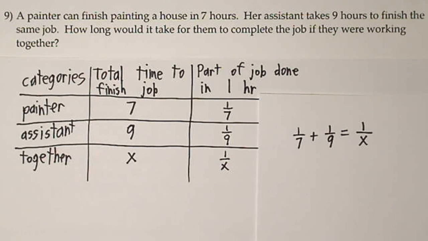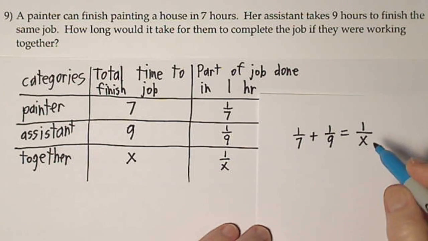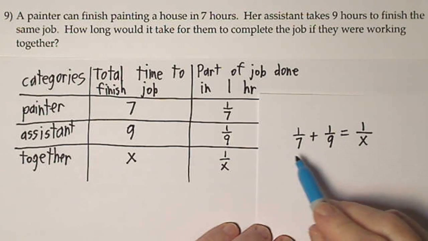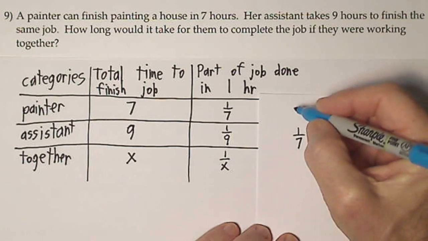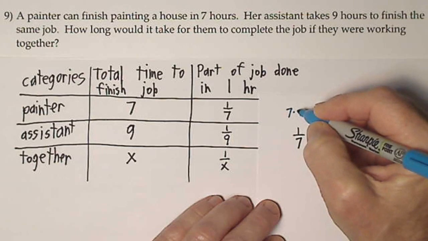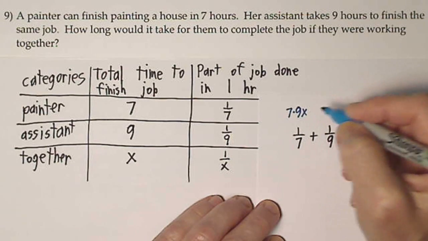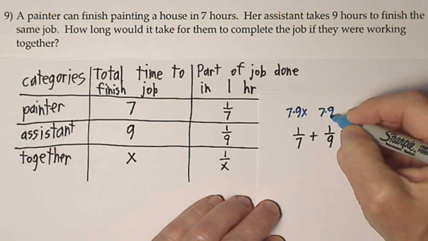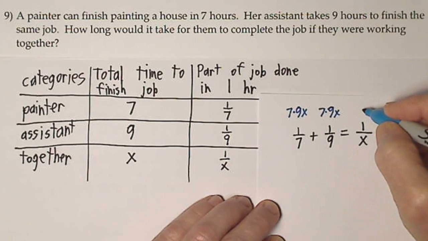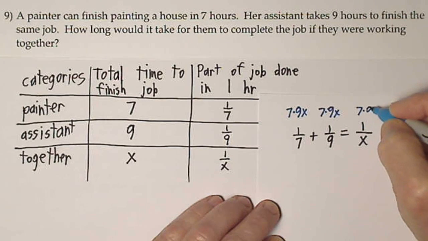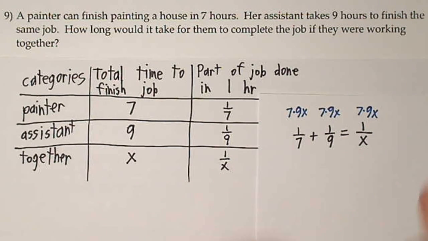Okay, and the way we've been clearing our equations of fractions is just multiply by the product of everything. So 7 times 9 times x, 7 times 9 times x, and 7 times 9 times x.